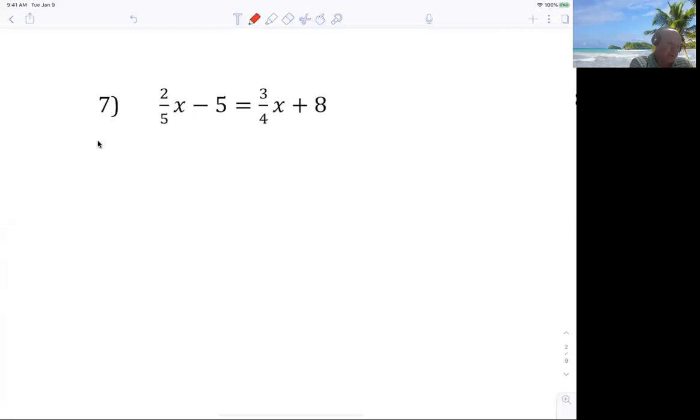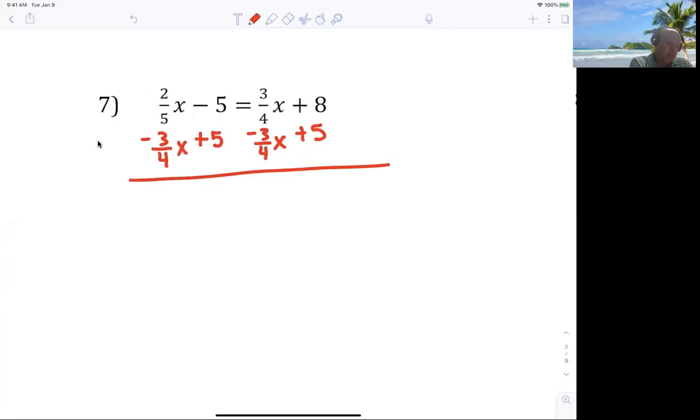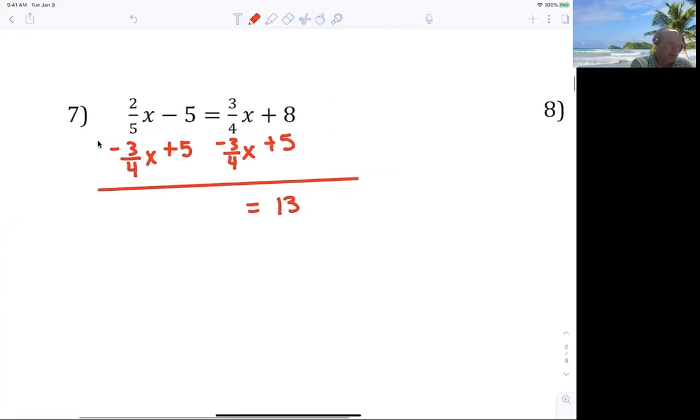So what I want to do is plus 5 and minus 3/4 x on both sides. 8 plus 5 is 13 equals. Now on the side we're going to do 2/5 minus 3/4.